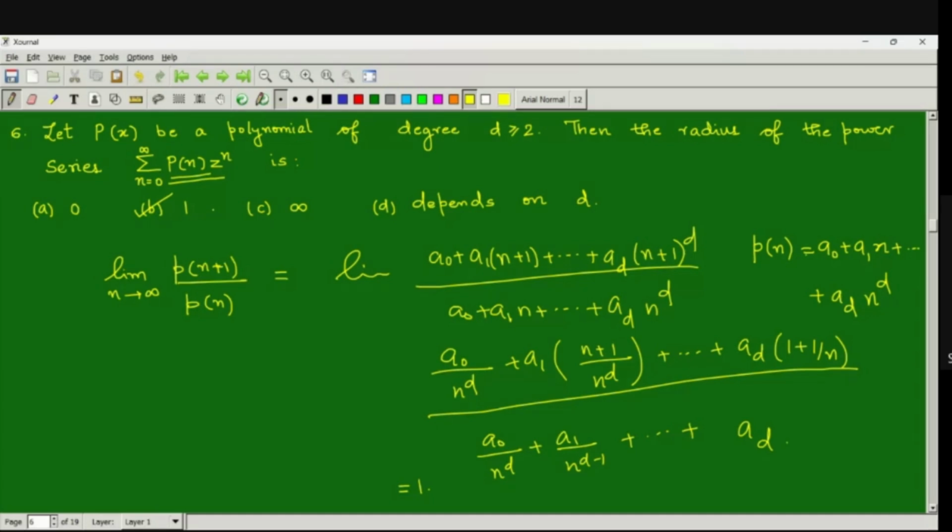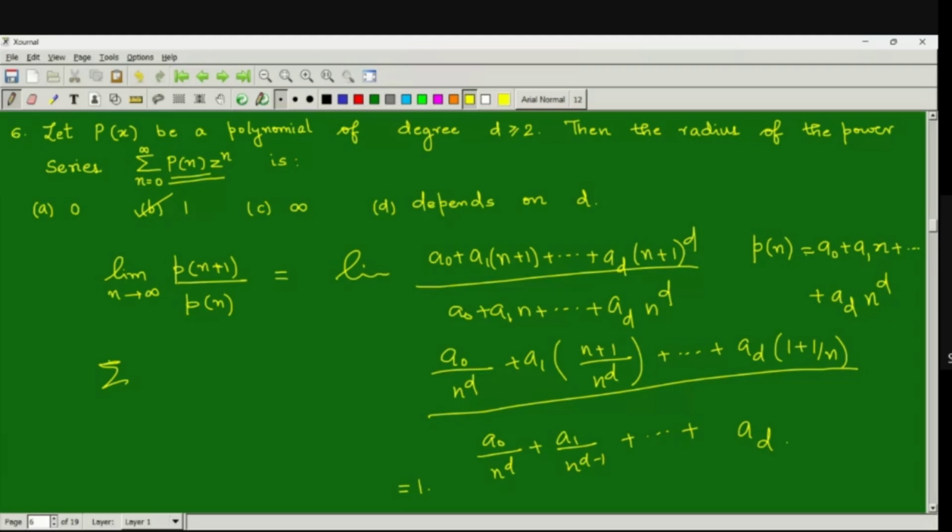If at least one, tell me. Is it necessary that d is at least 2? If the question is for any degree, then it is also true. If it is not given as greater than or equal to, normally it is a polynomial of any degree, and then also it is true. Otherwise you cannot take a series kind of thing.